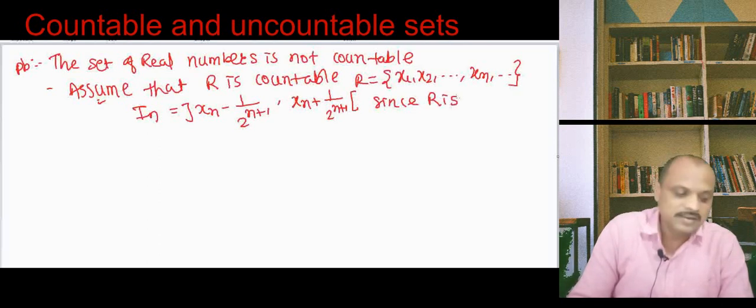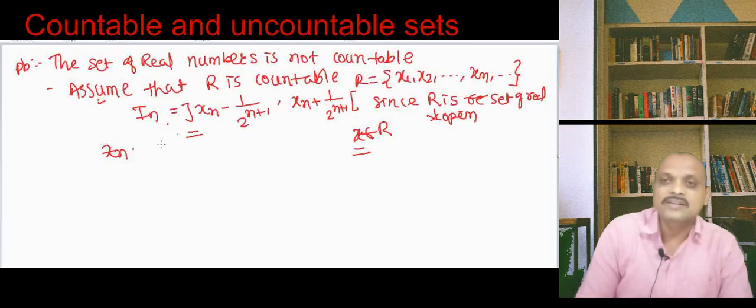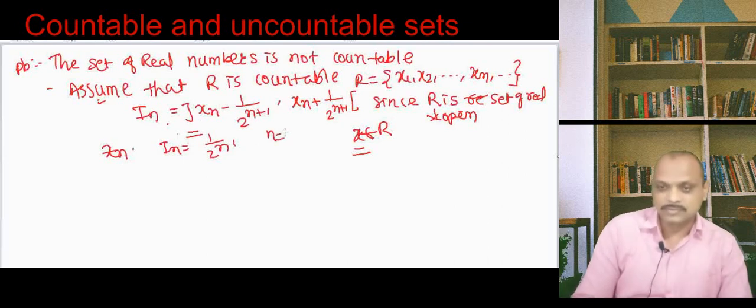Since R is the set of real numbers, and this set is an open set, for every element x of R there exists an open interval. So we have taken the open interval neighborhood of the point xn, and the length of this open interval In is 1 divided by 2 raised to n, where n equals 1, 2, 3, and so on.